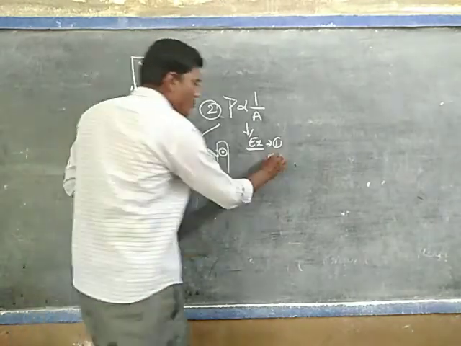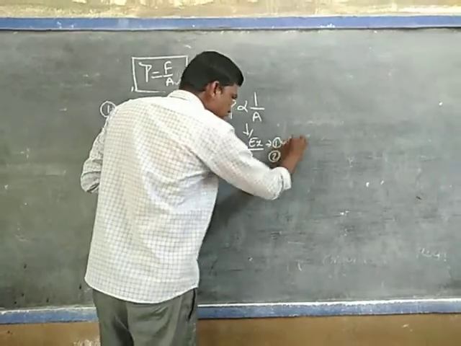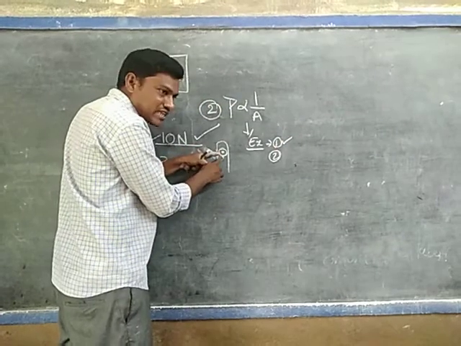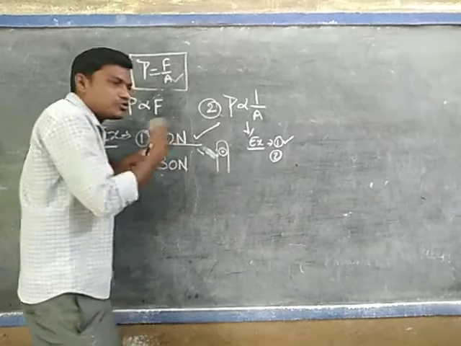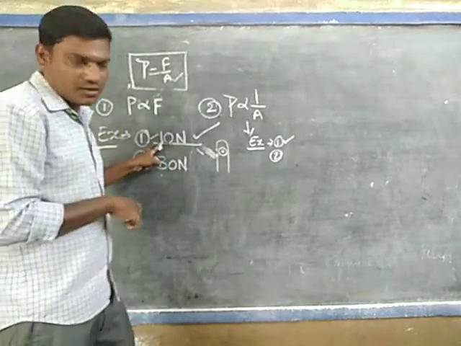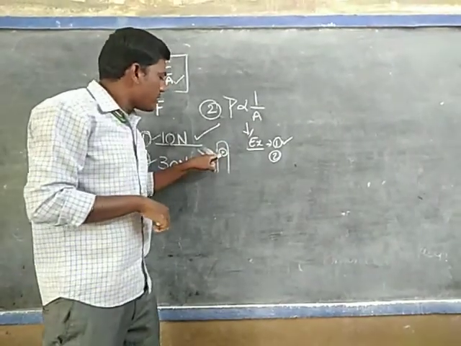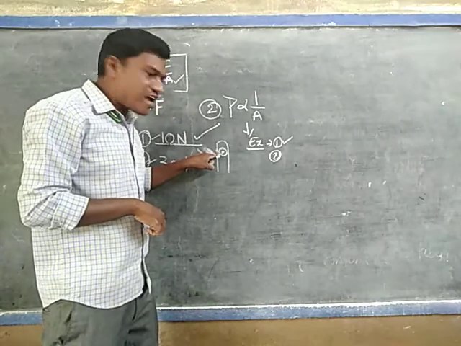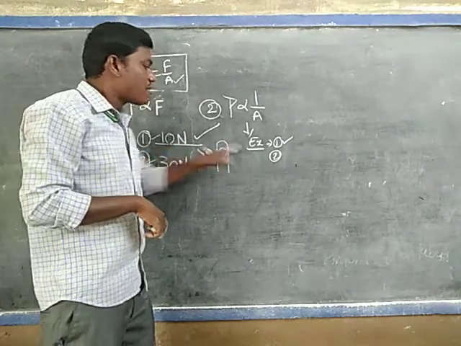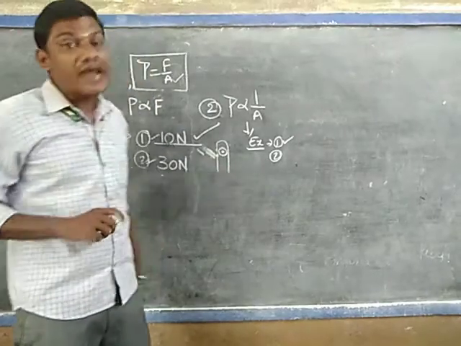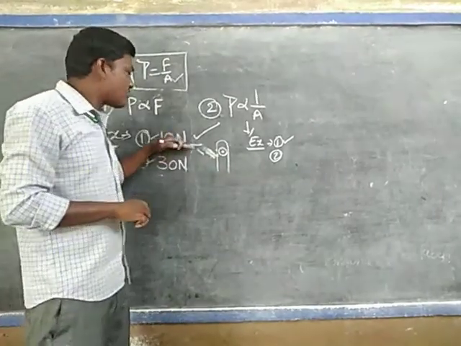So what you understand here: in the first case, placing the blunt side on the finger and applying 10 Newton force, you don't feel any pain. But when the pointed end is placed on the finger and the same 10 Newton force is applied, you feel more pain. So what is the constant here?